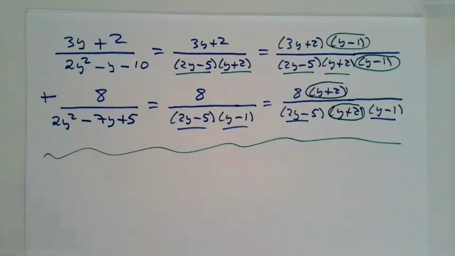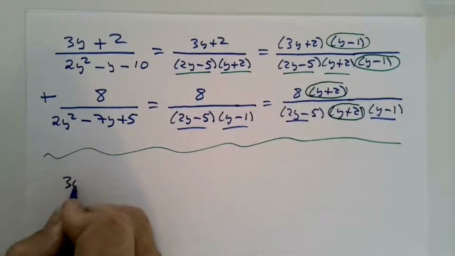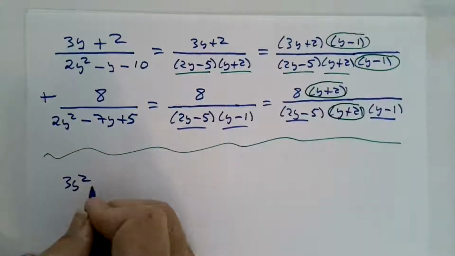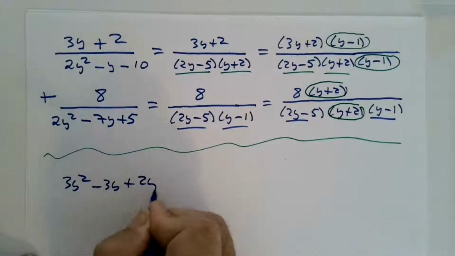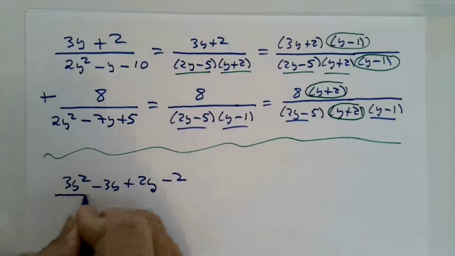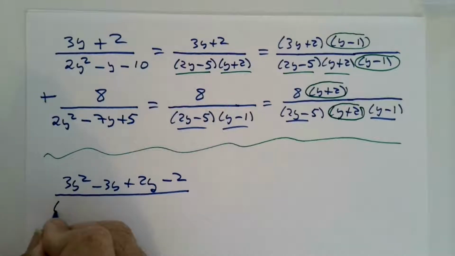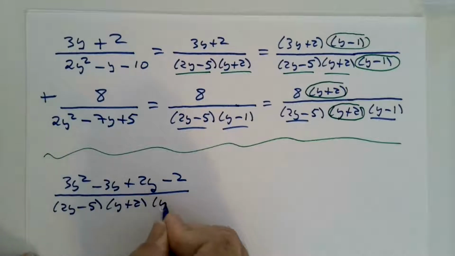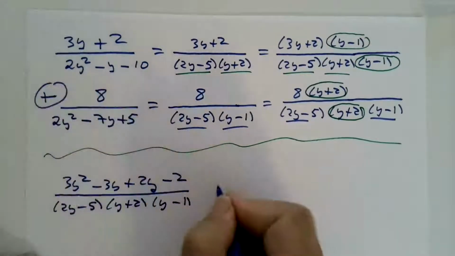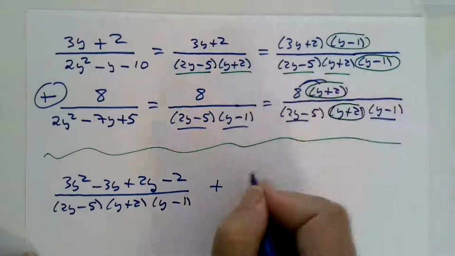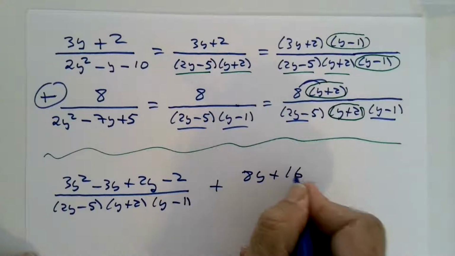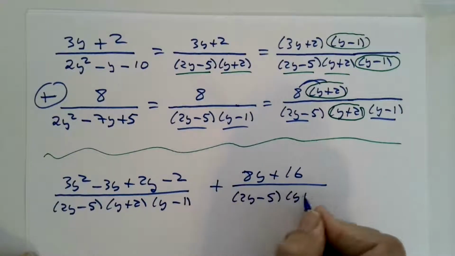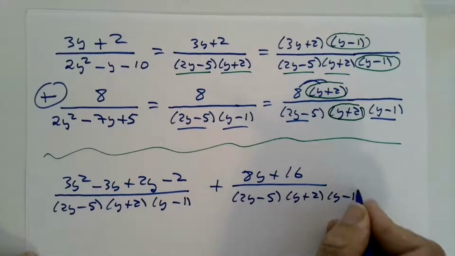Multiplying this stuff out, what do I get? The first piece, 3y squared minus 3y plus 2y minus 2 over our common denominator of 2y minus 5, y plus 2, y minus 1, plus 8y plus 16 over 2y minus 5, y plus 2, y minus 1.